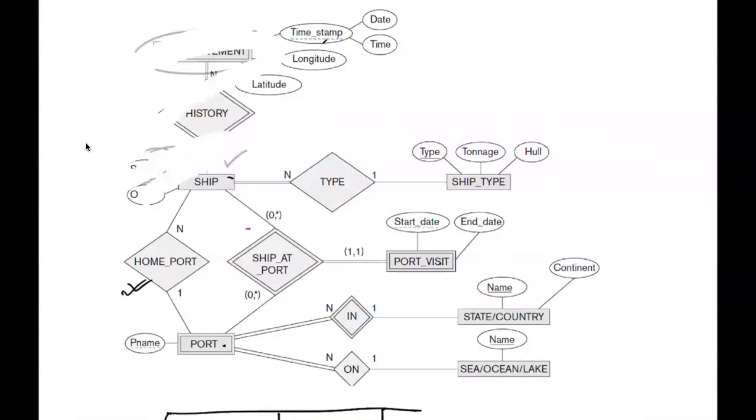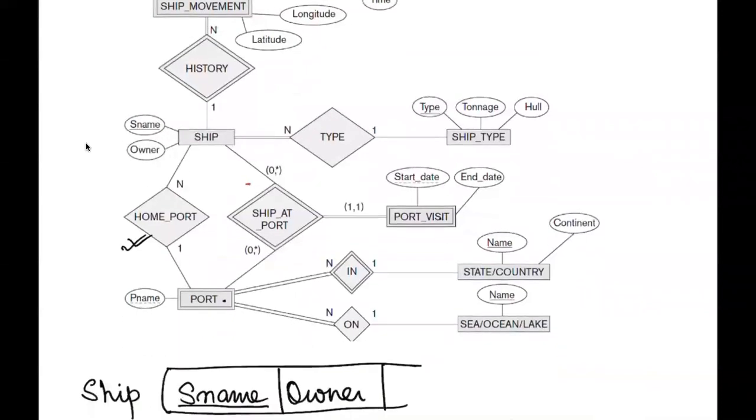So now we'll move to the next 1:n relation, which is, let's take this one, type. Okay, so this is a regular relation. It's not a weak entity or weak relationship. So on the one side, we have ship type. So we'll take the type attribute, which is the primary key of ship type, and put it in the ship relation.